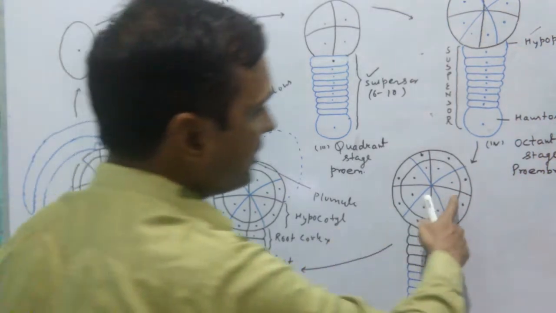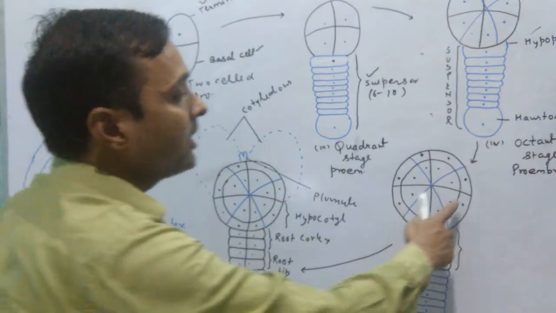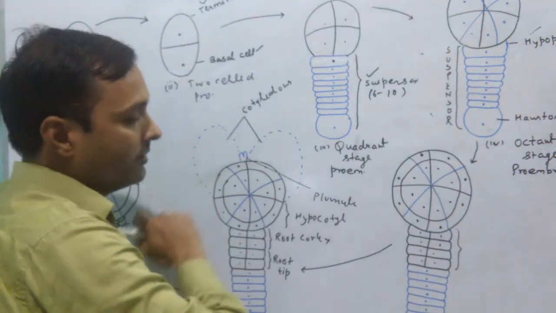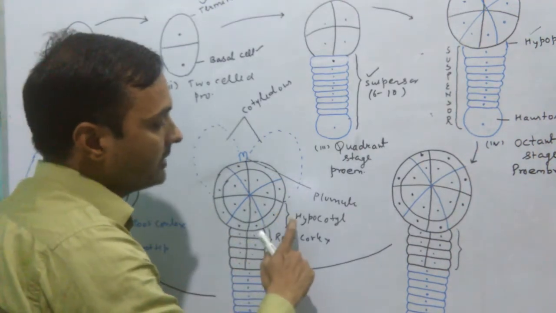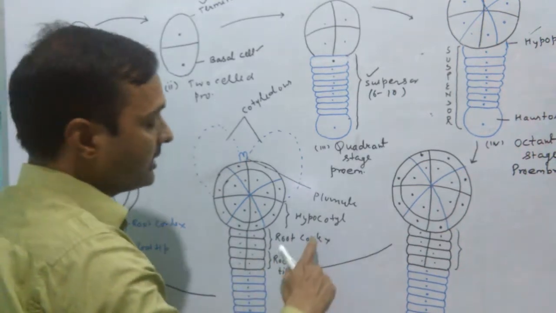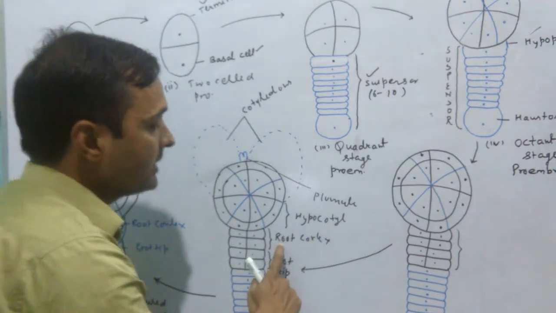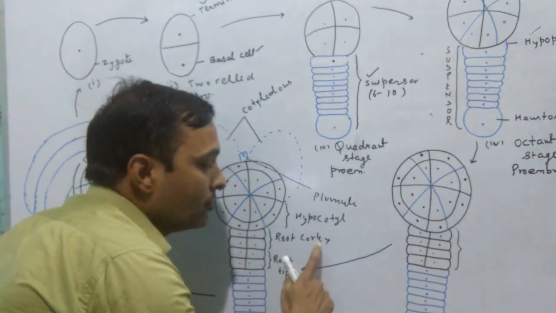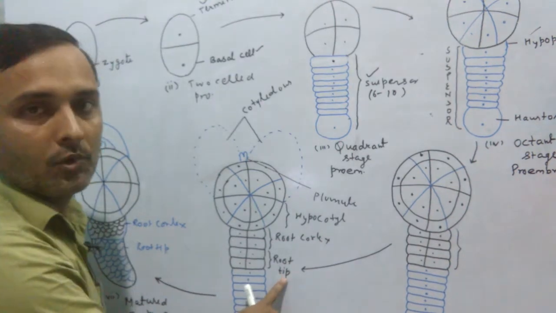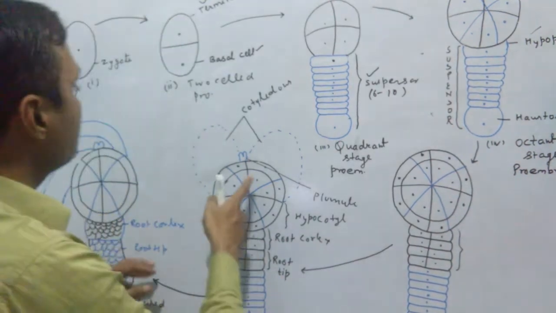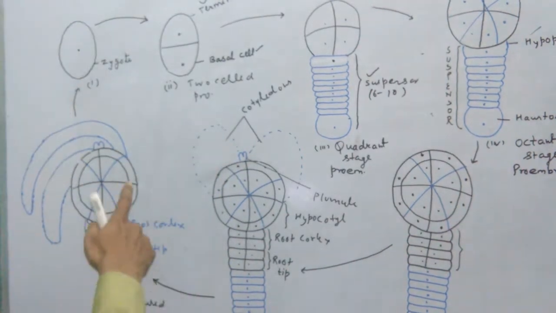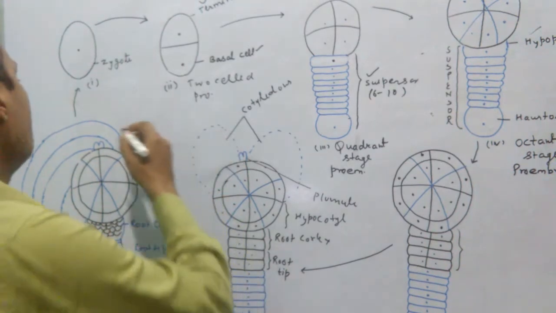Once again, the upper 8 cells give rise to the cotyledons and plumule, whereas the lower 8 cells give rise to the hypocotyl. And out of the 8 cells produced by the hypophysis, the upper 4 cells will give rise to the root cortex, and the lower 4 cells will give rise to the root tip. Now finally, the cotyledon part further bends to this side, and it will give rise to two cotyledons.